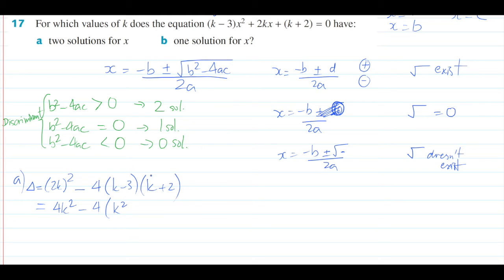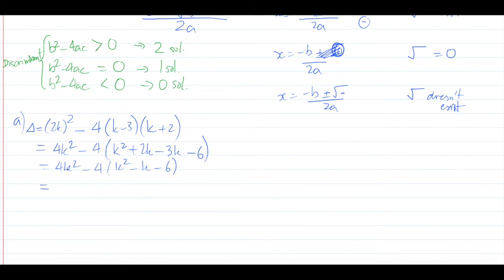k times k is k squared, k times 2 is plus 2k, minus 3k, and then multiply that again, and we get minus 6. So we get 4k squared minus 4 times (k squared minus k minus 6), and then we can expand the bracket, and we get 4k squared minus 4k squared.